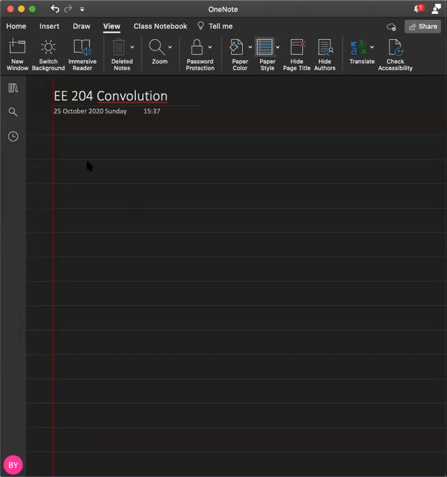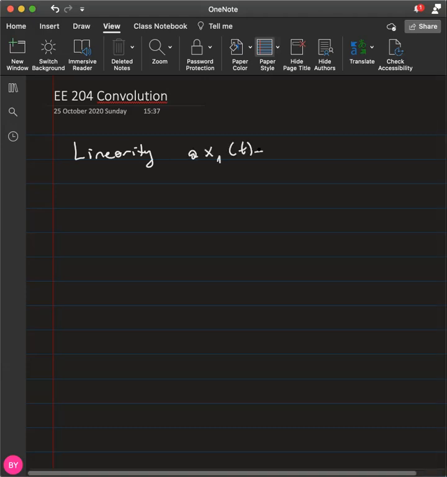Arkadaşlar, in the class we have started discussing some very important properties of systems, and we mainly discussed two different properties. One of them was linearity. It was about a times x1 of t plus b times x2 of t.